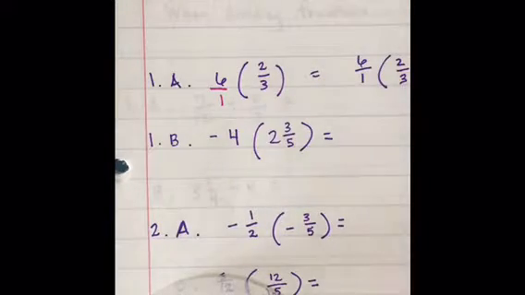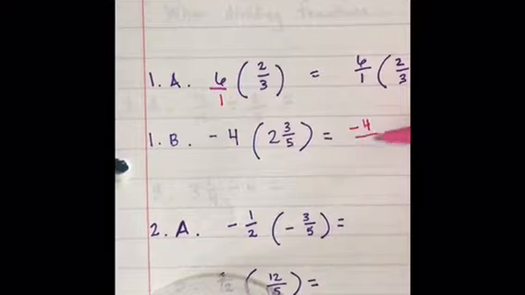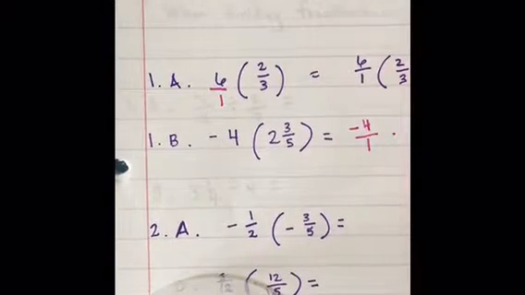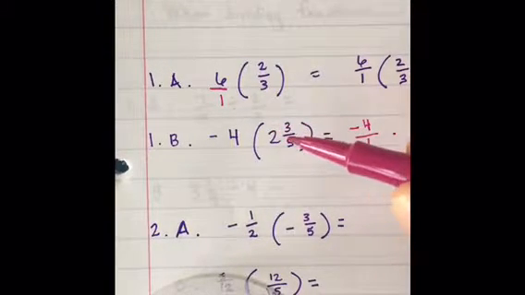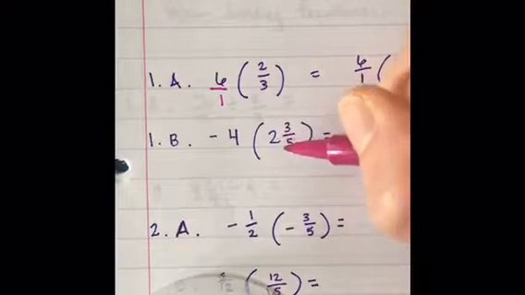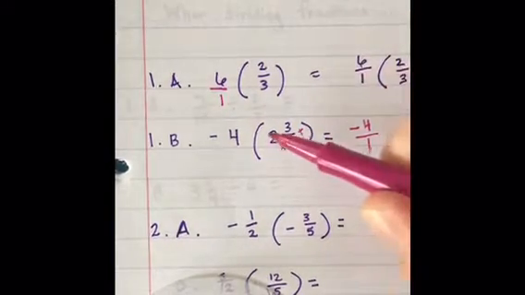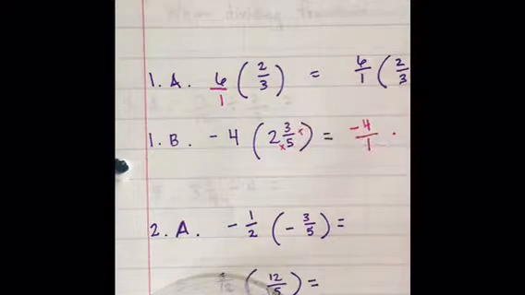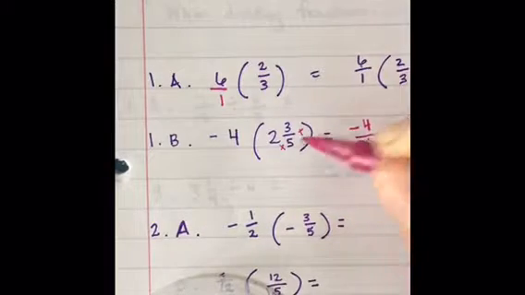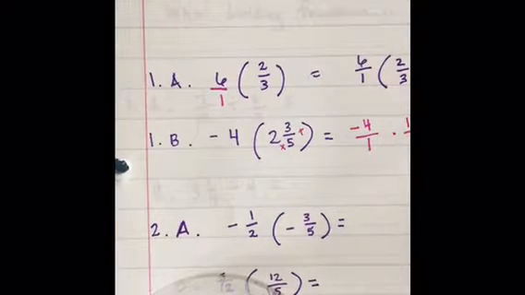So first, let's recognize that our -4 is really a -4 over 1, because every whole number is a fraction over 1, times, and then here we're going to use our pattern where we say 2 times the bottom number plus the top number. So we're going to say 2 times 5 is 10 plus 3 is 13, and it's going to go over the 5 that's already in the denominator. So 2 3/5 is the same as 13/5.